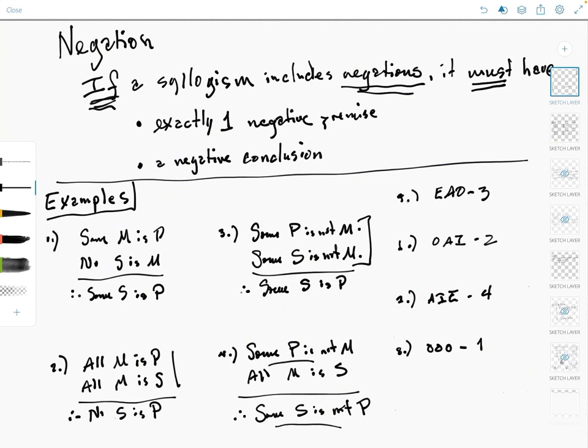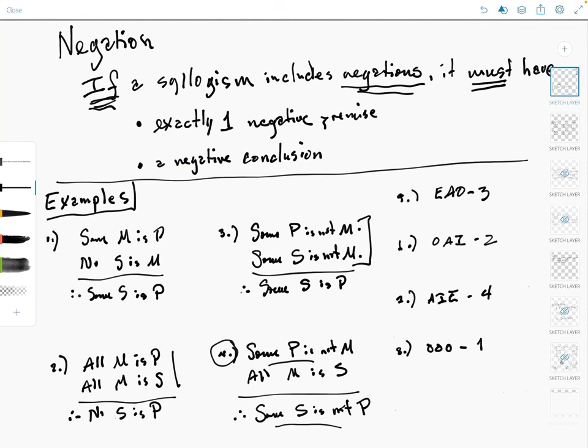Now remember, to be valid, it has to pass all the rules on the Boolean interpretation. To be valid on the Aristotelian interpretation, it has to pass this rule, the negation rule, and also the distribution rule, which we will cover next. So number four is a candidate for a valid argument because it hasn't broken a rule so far.